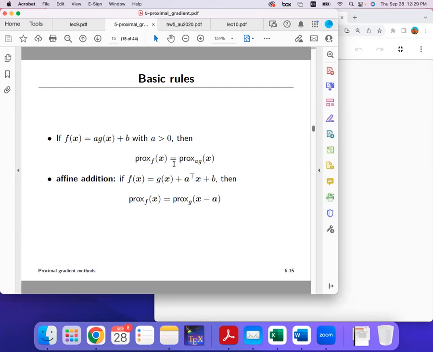All these properties can be checked just by the definition of the proximal mappings. Just write down the definition, and you can easily show this equivalence.